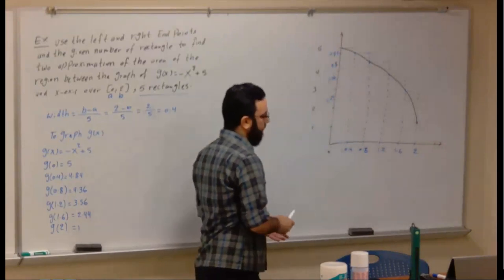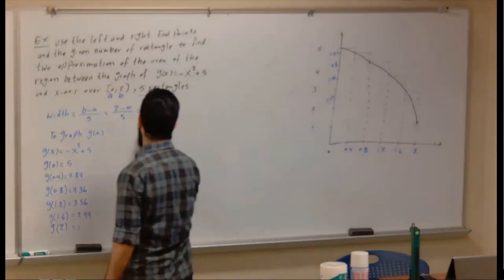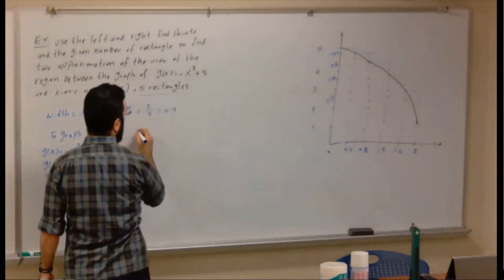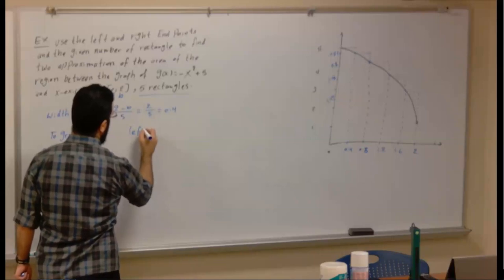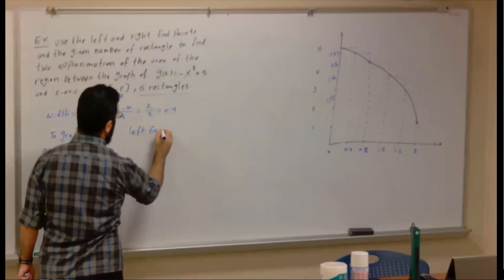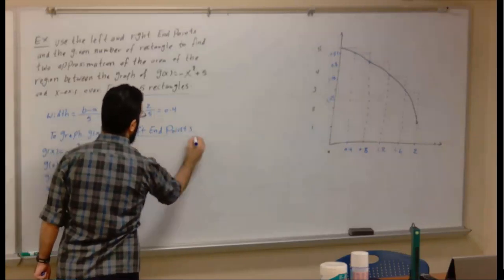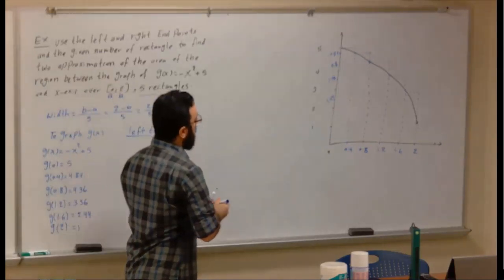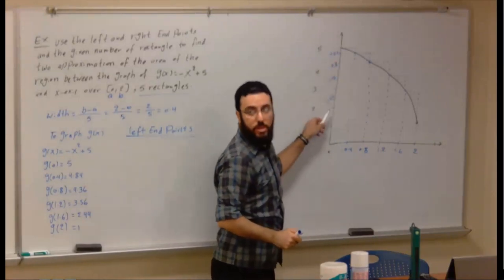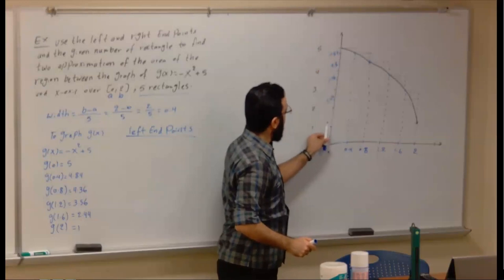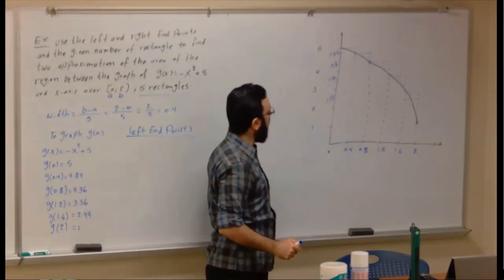That's the left endpoint. Careful, the left endpoint. So now, the length here on this rectangle is 5. The width is 0.4.